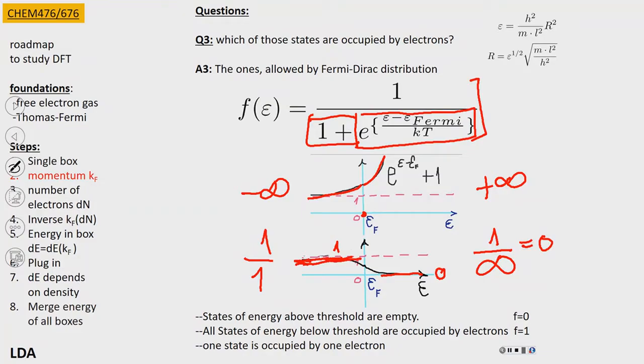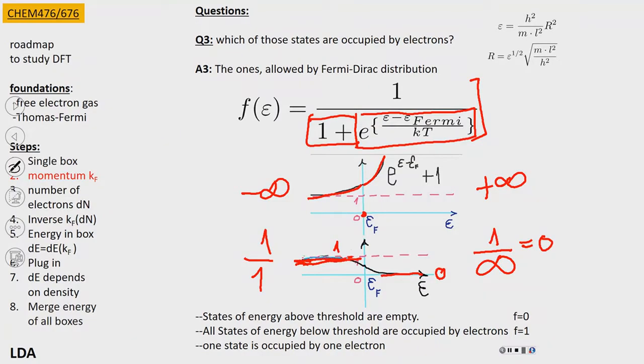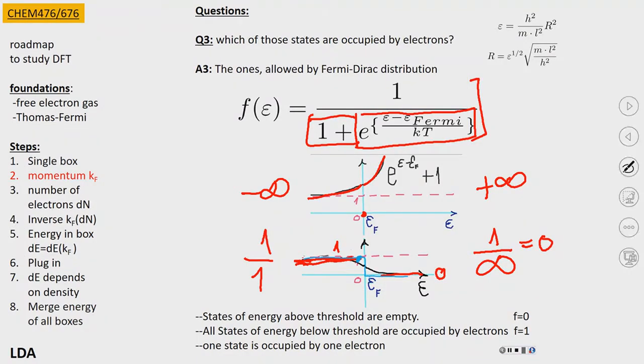So if this is the number of electrons in HOMO, and this is the number of electrons in LUMO, at 0 temperature, it will be a sharp step. So HOMO is occupied by 1, LUMO is occupied by 0, right? But if temperature raises, occupation of HOMO will be like 0.75, and occupation of LUMO will be 0.25.